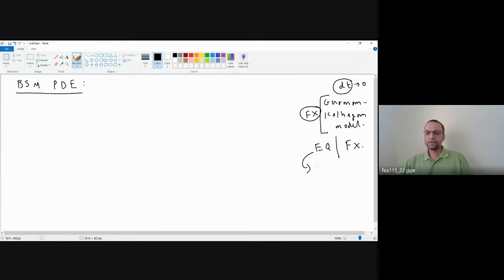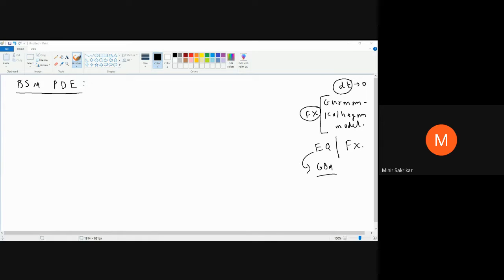When I say equities, you can think of GBM. For FX, I want to do something similar, but there would be something additional which I would want to include. So what would that be? Can anyone guess? Regarding the derivative of FX or the underlying security?